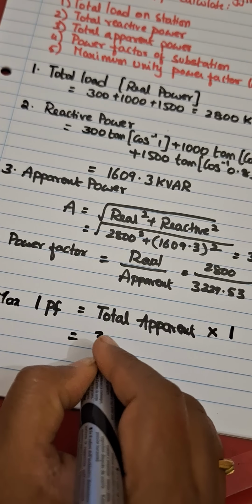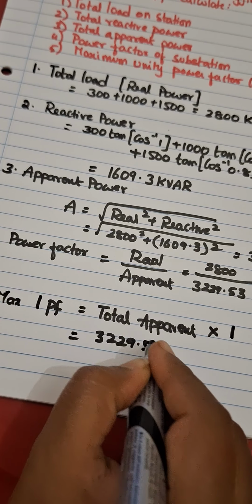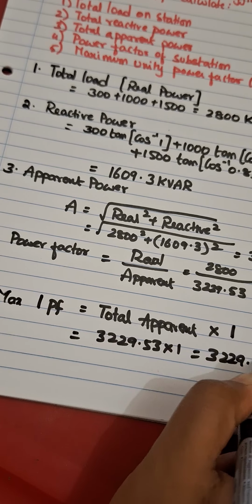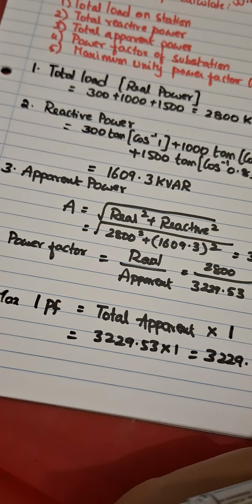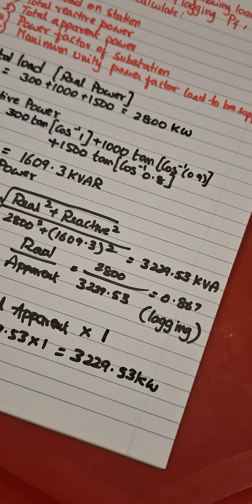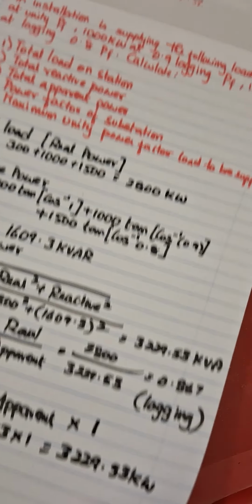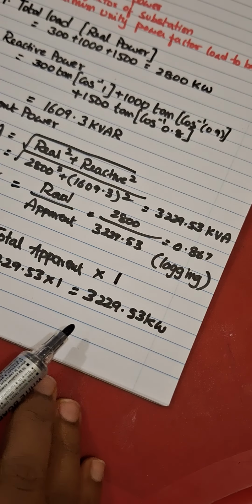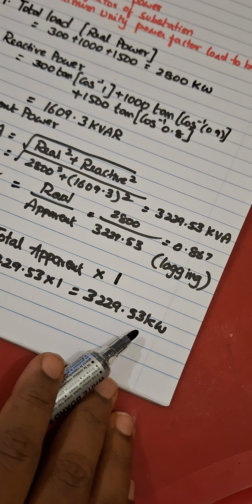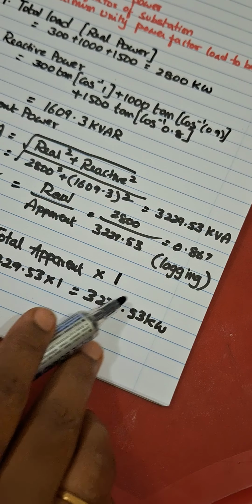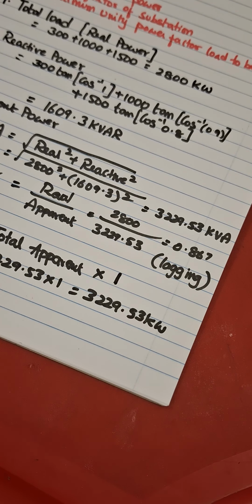So what is our apparent power? 3229.53 multiplied by 1. So 3229.53 kilowatts is the maximum load you can give to make unity power factor. So it means real power is 2800, but we are giving 3229.53. If we give 3229.53 to make the system a unity power factor, that is the problem.